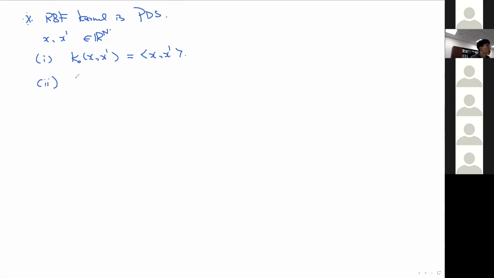We are constructing this K1 in terms of an exponentiation, exp(x·x'/sigma squared).